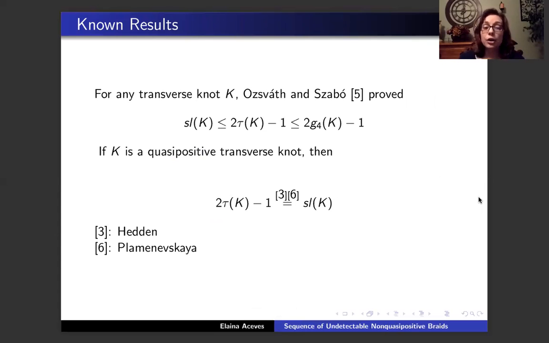In particular, if K is a quasi-positive transverse knot, Hedden and Plamenevskaya have proved that that first inequality is in fact an equality, that 2 times the tau invariant minus 1 is exactly the self-linking number. So the sequence of braids that I'm going to construct, I hope, fulfills this property, which is very important because it's acting as if it's quasi-positive when they are in fact not.